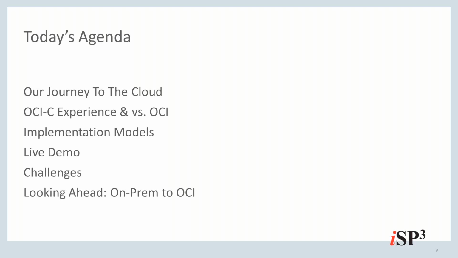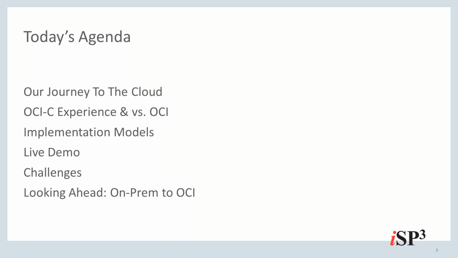Today my agenda is our journey to the cloud and how we progressed through getting our instance into the cloud. We are also going to talk about the experience in the cloud. We have implemented both the first generation and the second generation cloud, so I can talk about my experiences on the OCI side, the classic side and the second generation OCI.